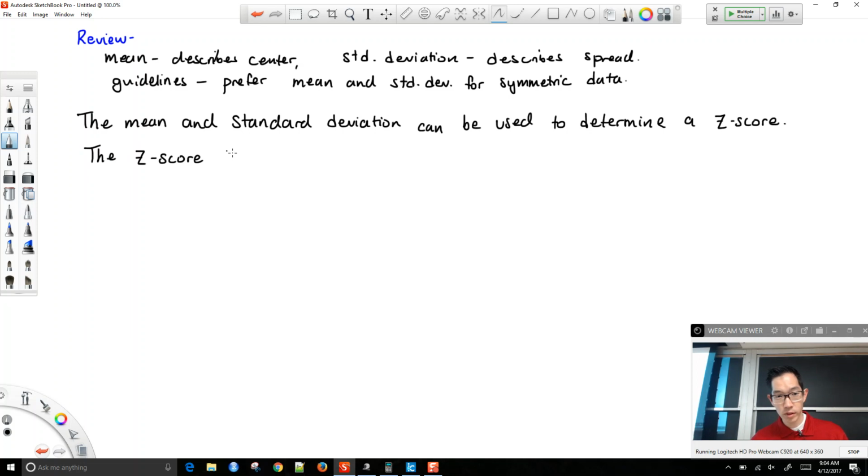The Z-score of an observation, or a measurement, is its distance from the mean, but expressed in standard deviations.